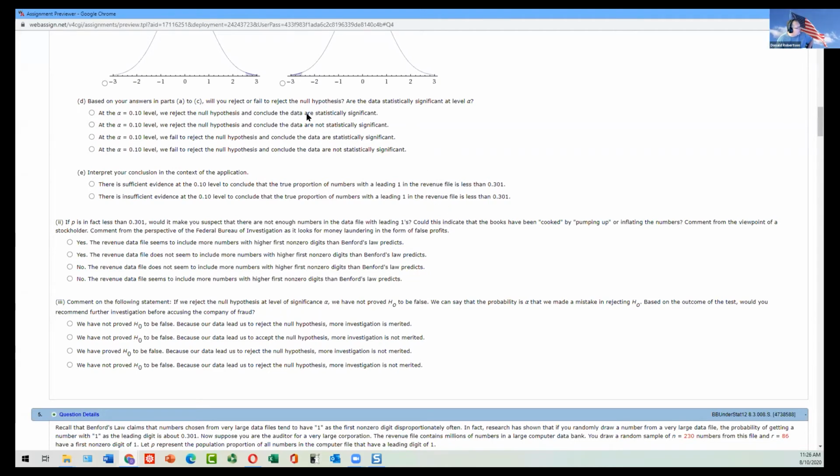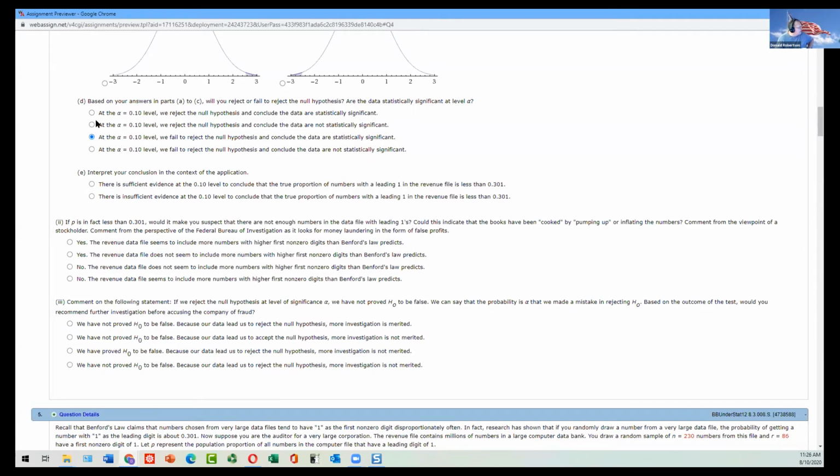So as I go through these, statistically significant, statistically significant. So it's either going to be that one or that one. And I'm going to kick out these two because that's not true, right? Let's wind back. If the p-value is less than alpha, you're going to reject the null hypothesis. It's going to be statistically significant.